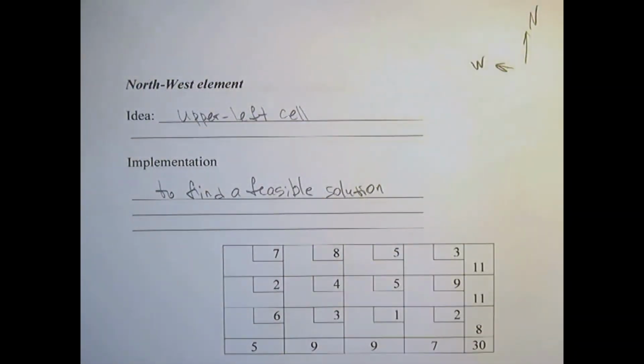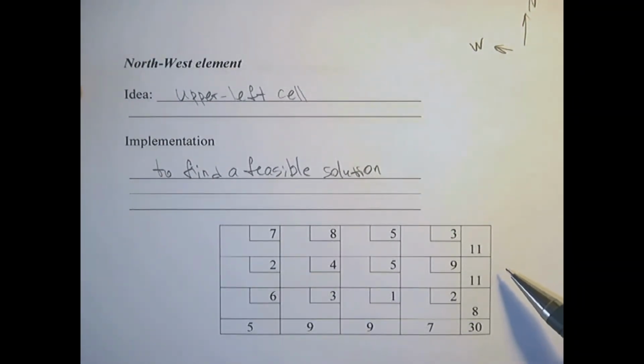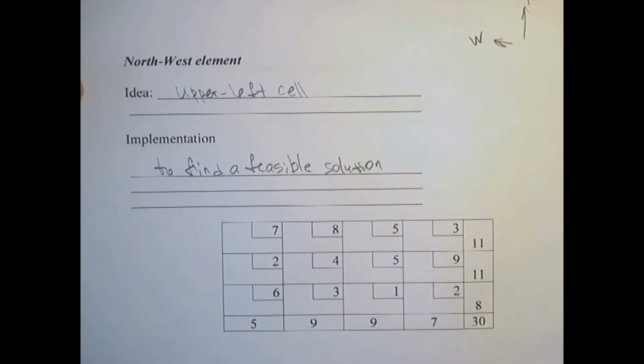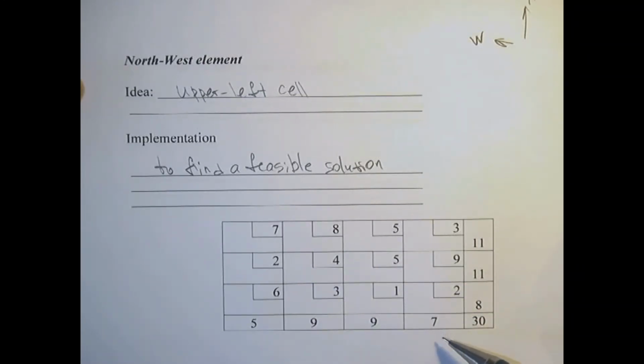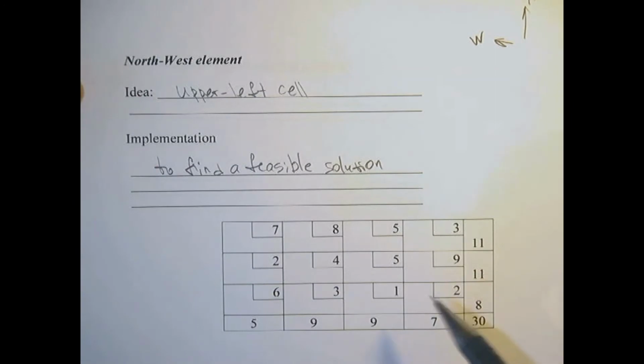Let us consider how to implement the north-west element approach, and we consider a model which we have already seen today. I will use the north-west element method to find a feasible solution for this case. First of all, we should find the upper left cell in the table.